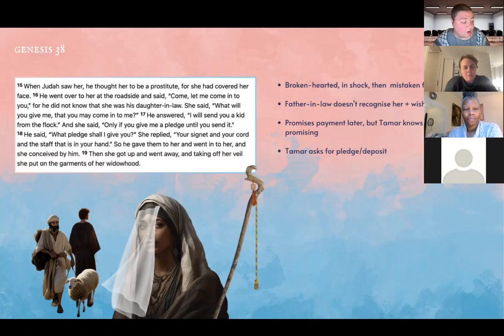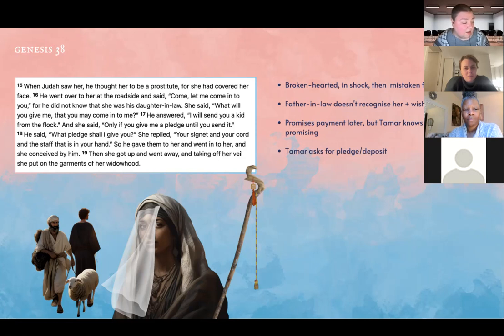Verse 15. When Judah saw her, he thought her to be a prostitute, for she had covered her face. He went over to her at the roadside and said, "Come, let me come in to you," for he did not know that she was his daughter-in-law. She said, "What will you give me that you may come in to me?" He answered, "I will send you a kid from the flock."